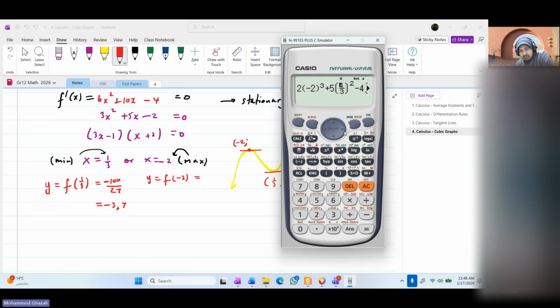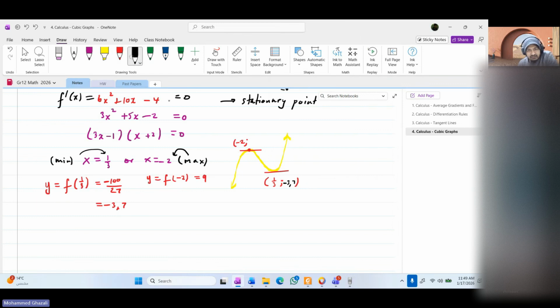Right, so I've changed all three and I'm getting 9. So negative 2 is giving me 9.